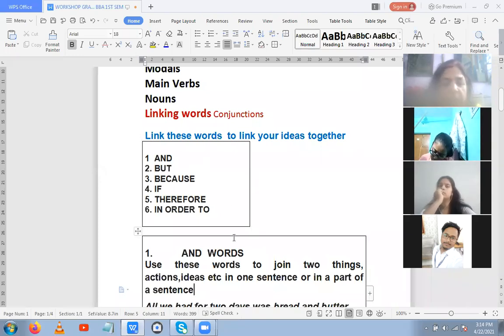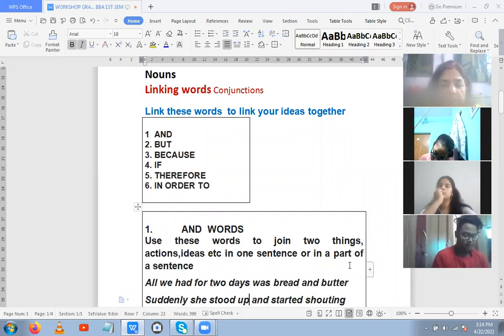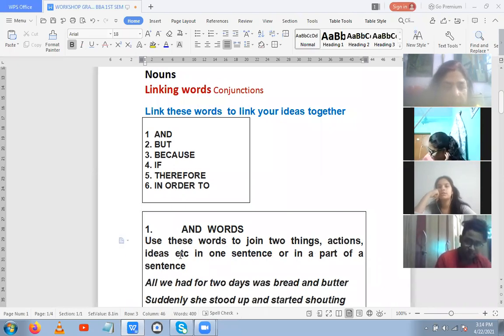So we have to use these and words to join two things, like bread and butter, life and death, you and me. So use these words to join two things, like bread and butter, actions, she is dancing and singing, ideas, two ideas.